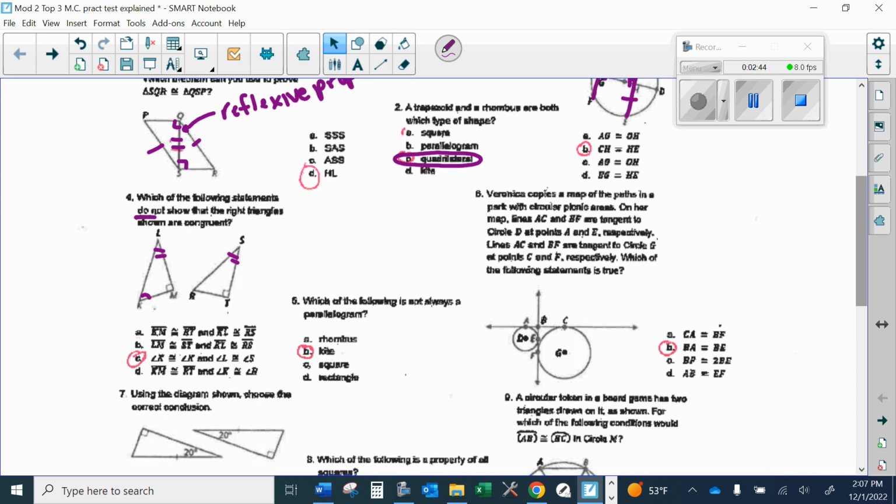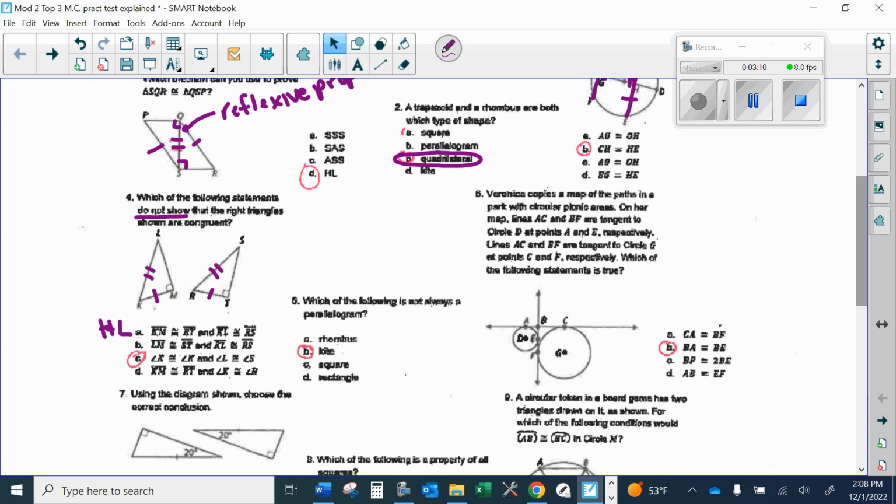So we want do not show that they're congruent. That doesn't show anything about congruence. The other ones do show congruence. I'll just do one of them, for example, the first one. KM is congruent to RT. KL is congruent to RS. Well, there we have the HL theorem, hypotenuse leg. Okay, and so these other ones will work too. C is the only one that doesn't work.